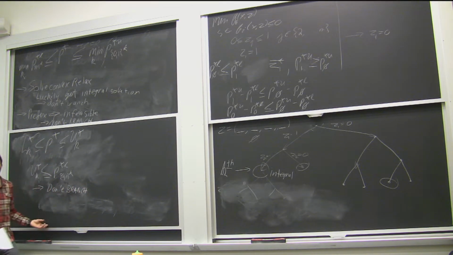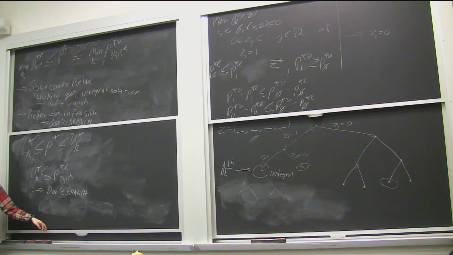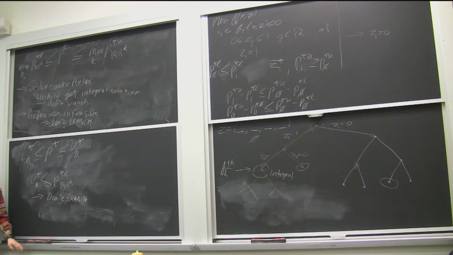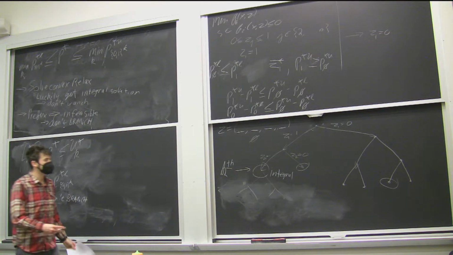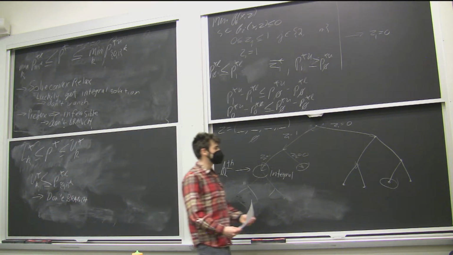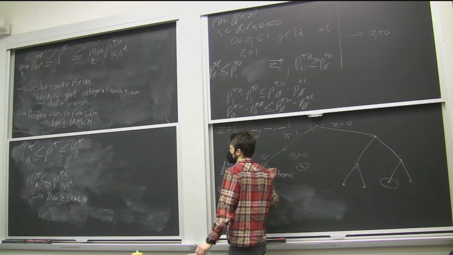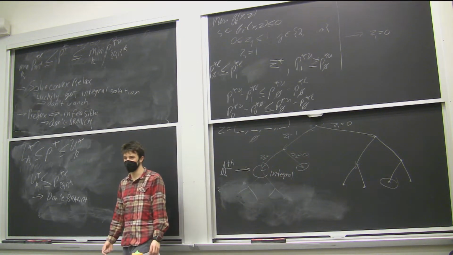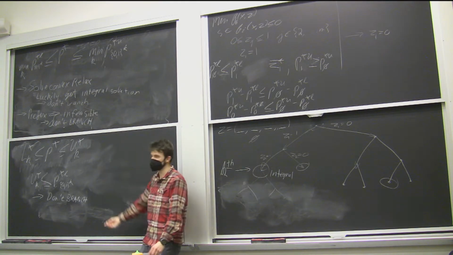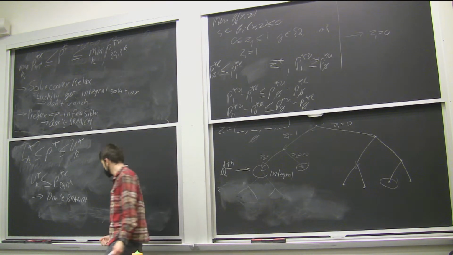Why not branch in this situation? Yeah, so the answer to the question was, at this node, I already know that my optimal solution is lower than the value of going down that branch. So there's no point in continuing down that branch. It's not going to be better.